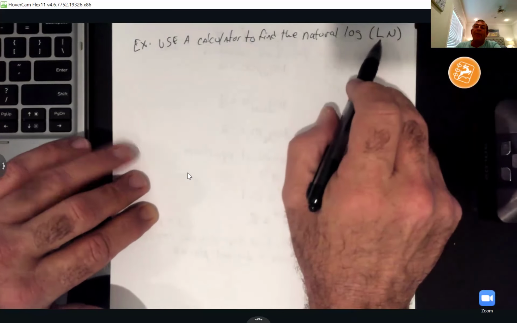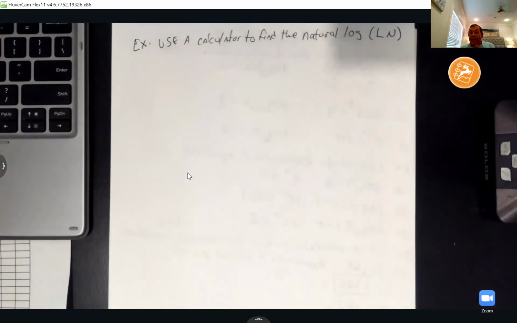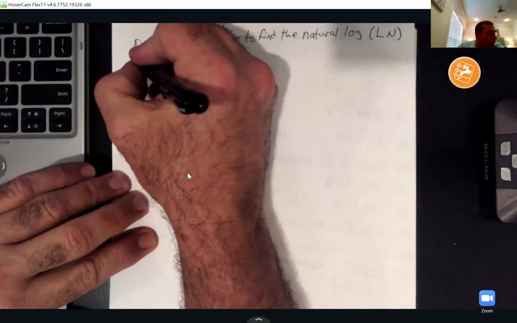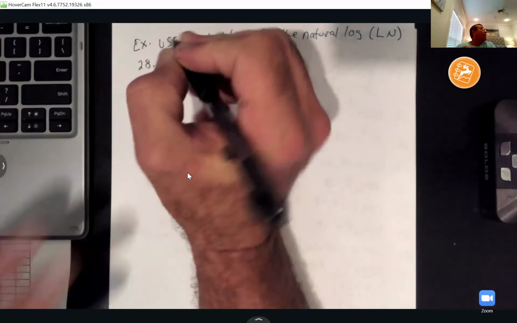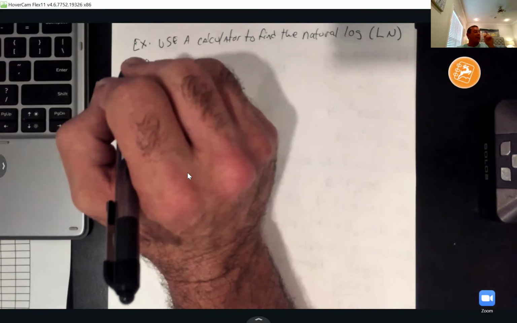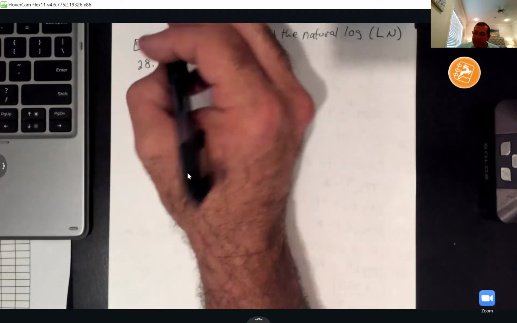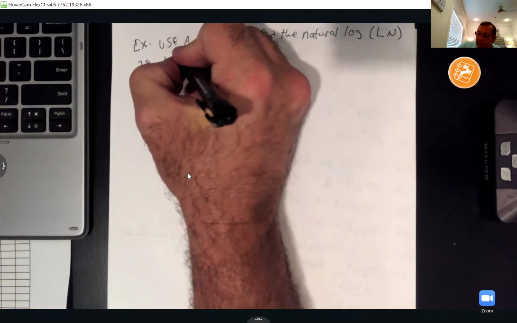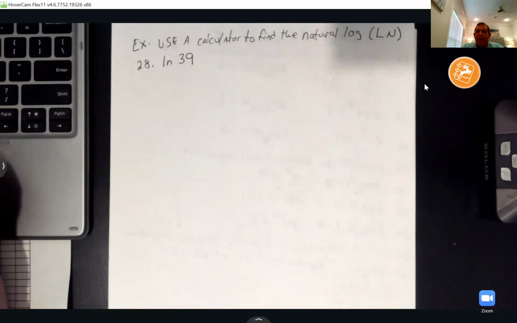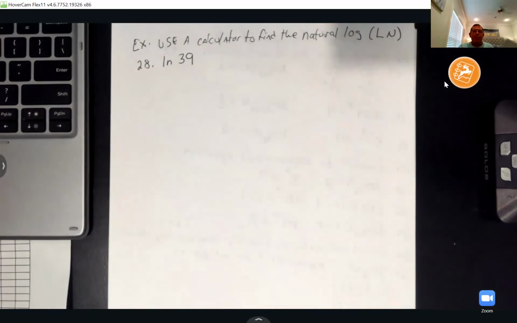I'm going to put a capital L in there so that y'all realize that's an LN, not an IN, okay? So do this one like number 28. It is a LN of 39. And we can do that with the calculator in the front on it. So y'all punch in LN of 39 and see what we get.